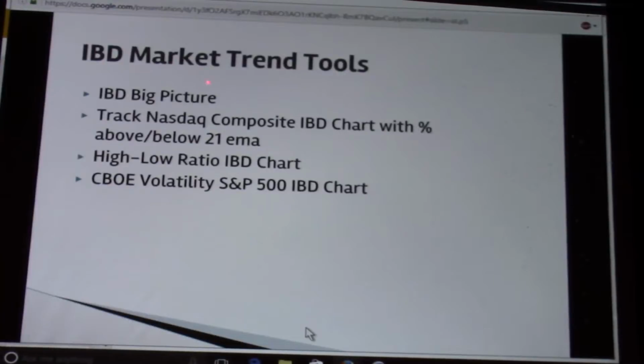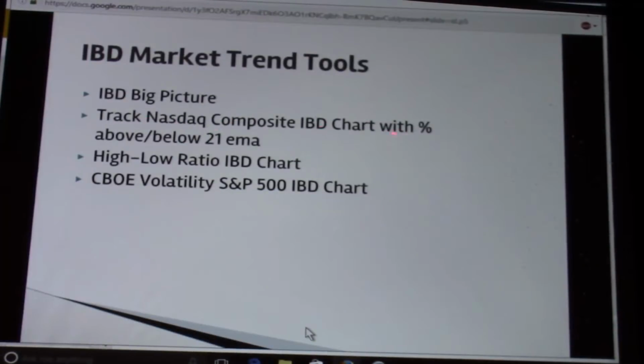On IBD's website, on the far left side, you have the IBD market trend tools. If you click on that, you have access to the big picture, which summarizes things.